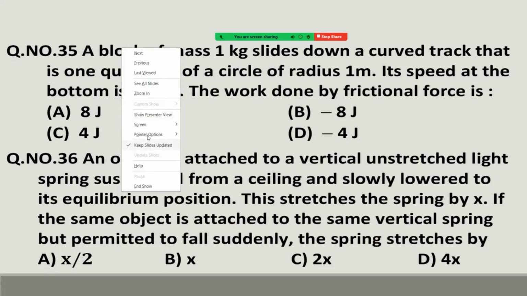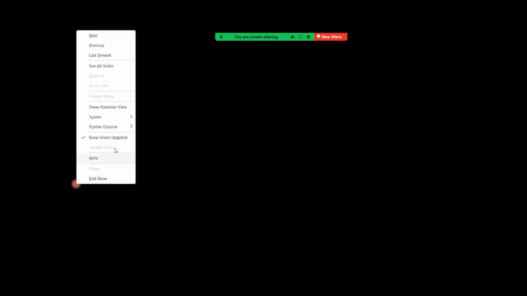Okay, let us see. So first note down the given data. There is a ceiling, a spring attached to the ceiling, and to the other end, a block is attached. So first condition, it is given that it is slowly lowered. Assume that you are keeping your hand below the block.